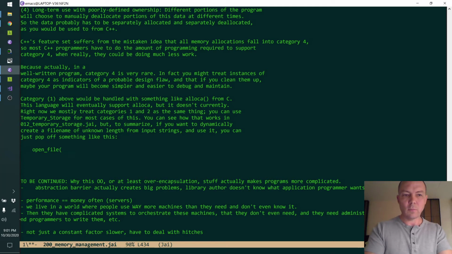Open file, tprint, user local percent, Sailorville, game save whatever dot sav, right? Username and save index.